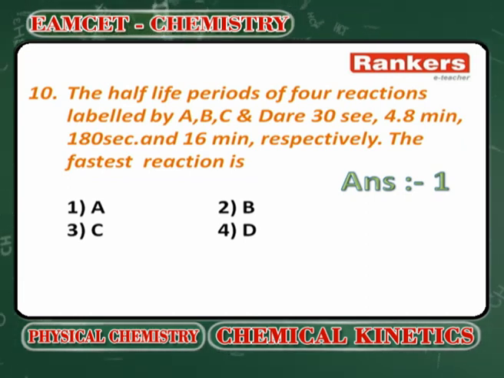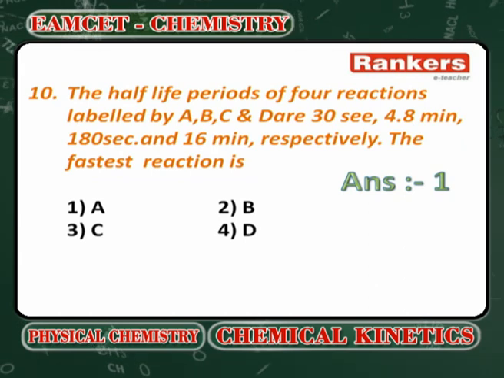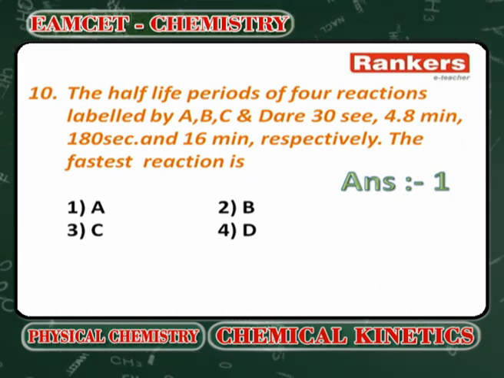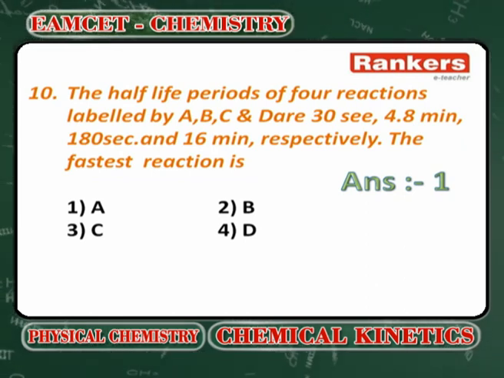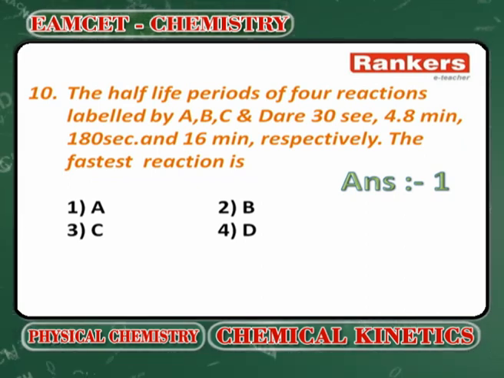So obviously A. What do we mean by half-life period? The time required for the initial concentration to get reduced to half of its value is called the half-life period. The shorter the half-life period, the greater is the reactivity. Obviously A will have the fastest rate of reaction. Option 1.